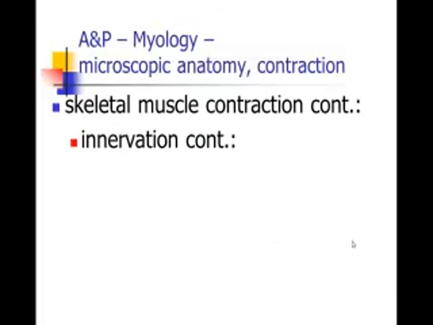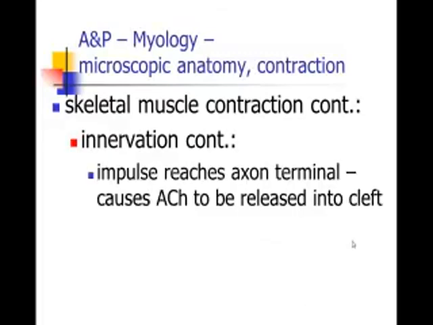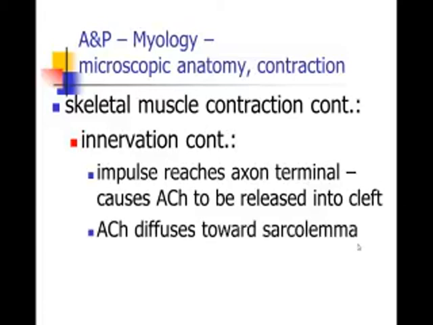So the impulse is going to reach the axon terminal. That's going to cause these little vesicles to move to the cell membrane and burst, and release through exocytosis the acetylcholine into the cleft. Then the acetylcholine is going to diffuse within the cleft.